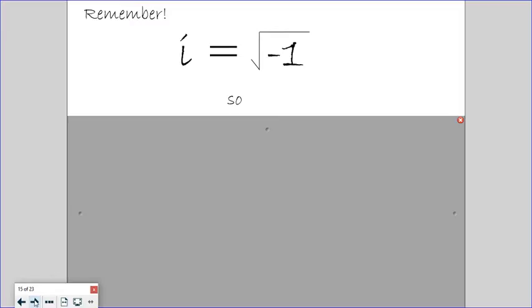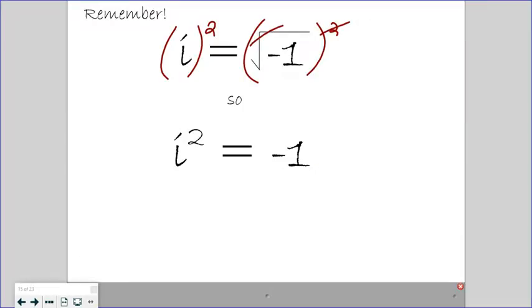So where is this headed? Well, if I were to take this equation, which we know that i represents the square root of negative 1, yes? That all looks familiar? If I were to take both sides of that equation and square it, i squared is going to equal, squaring and square rooting are opposites of each other, right? Negative 1.